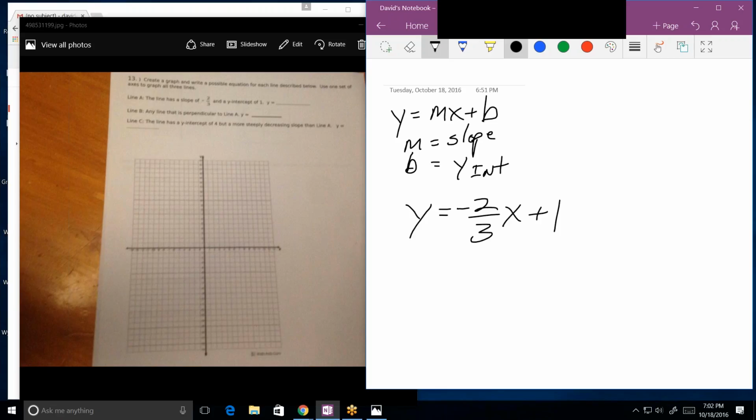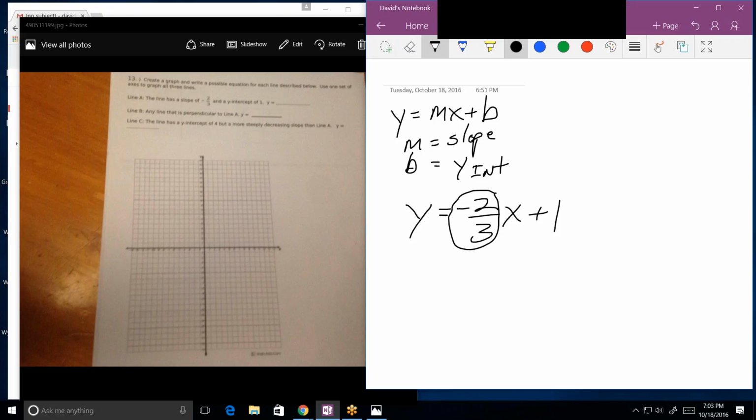If my new line is perpendicular to my first line, what is its slope? There's a relationship between slopes of perpendicular lines. The slope of the perpendicular line is the negative reciprocal of the first slope. What's the negative reciprocal of that number?